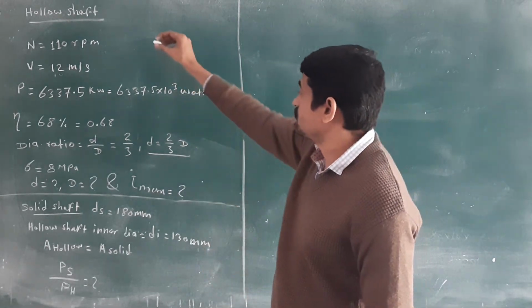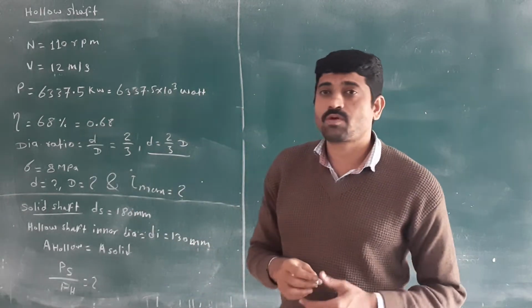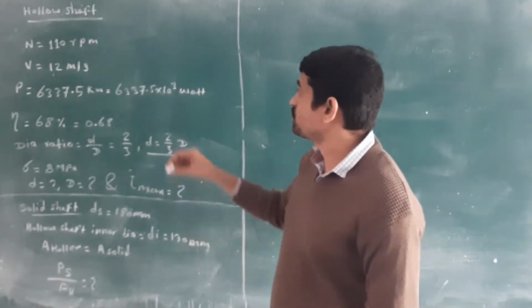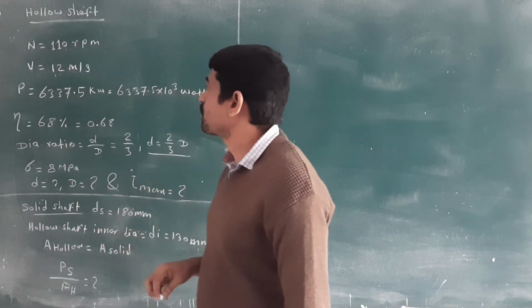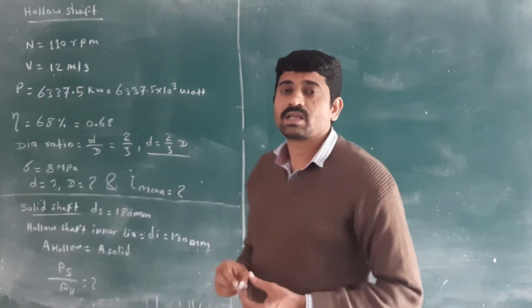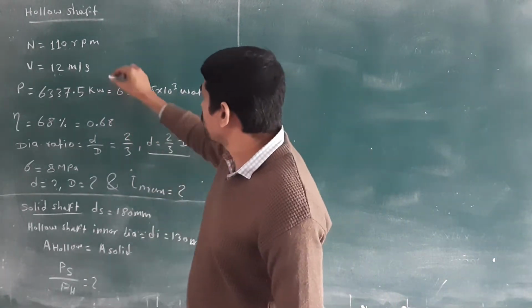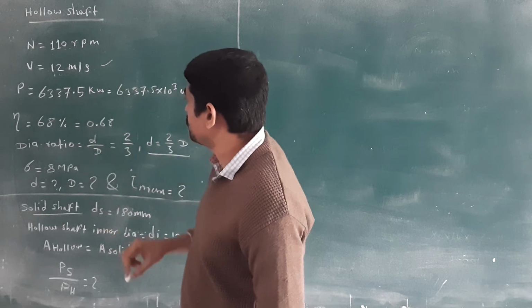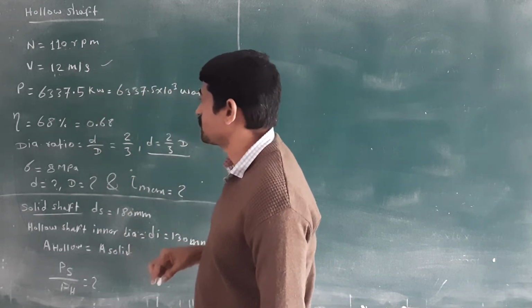In the first problem, you are given a propeller shaft having speed n equal to 110 rpm, and the velocity is given as 12 meter per second. You know the unit of velocity is meter per second.